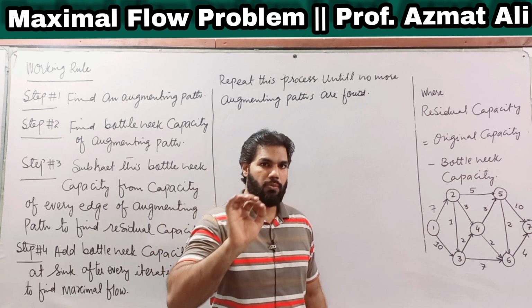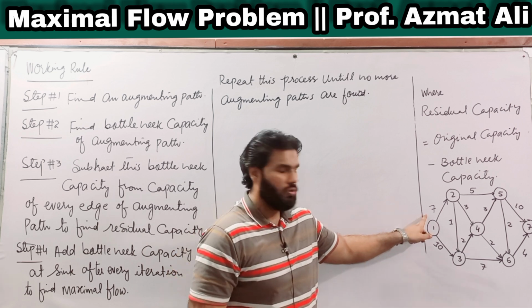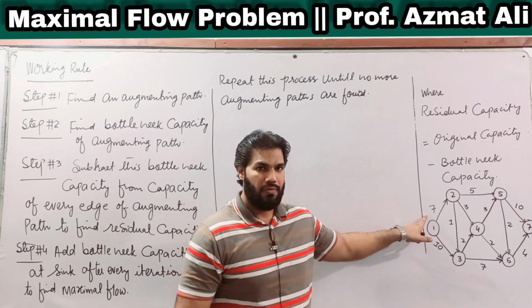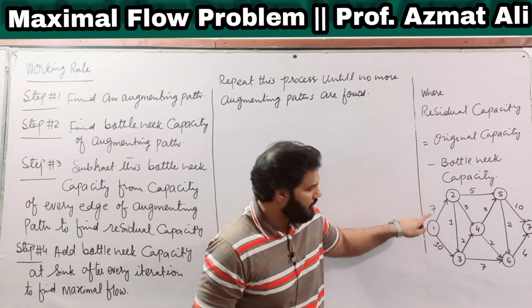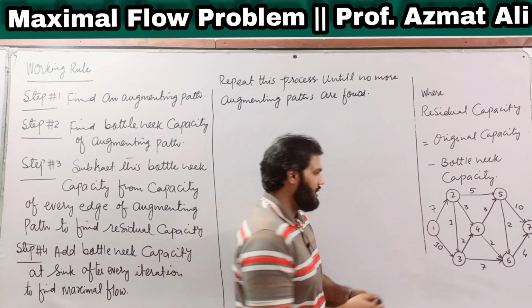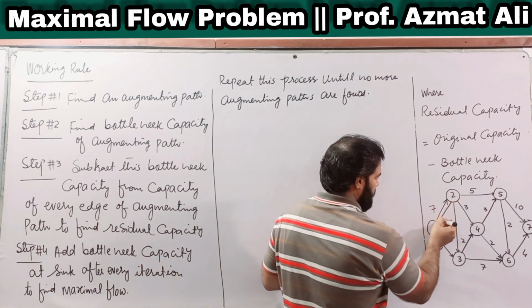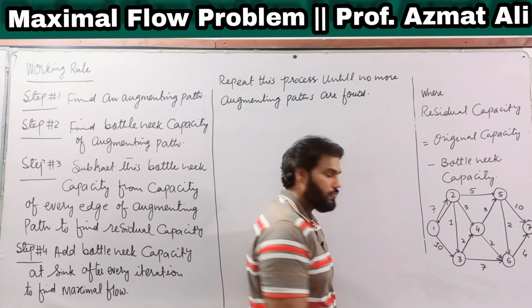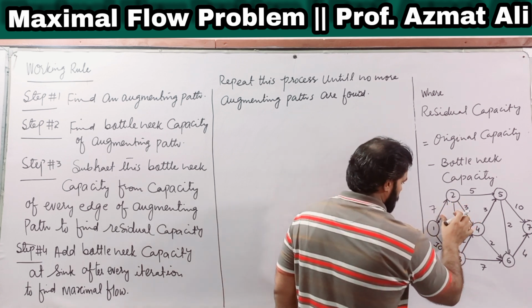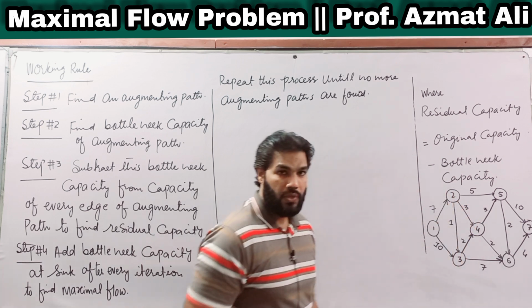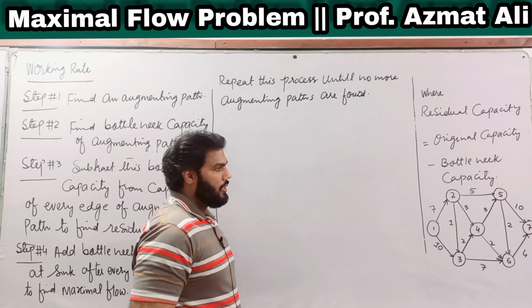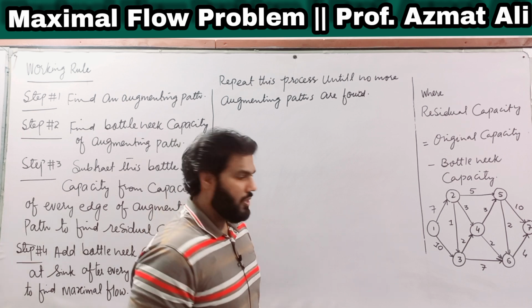The flow from node 1 to node 2 is only 7 units allowed, whereas from node 2 to node 1 there is no direction like this. This is not allowed. So the reverse flow is not allowed here. So firstly we consider an augmenting path.